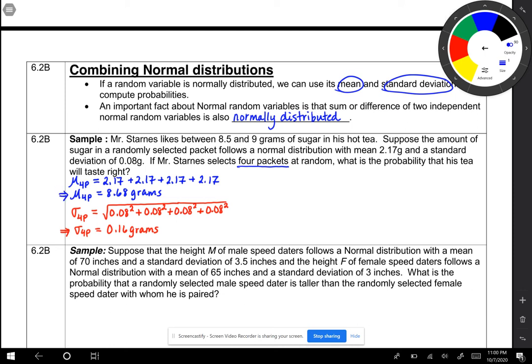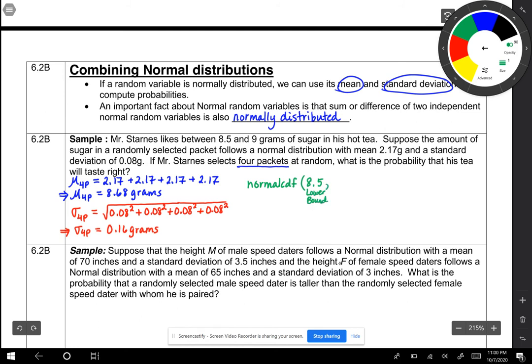So now we can use our normal CDF, and our lower bound is because he likes between 8.5 and 9 grams of sugar. So there's our little interval. So our lower bound is our left bound, 8.5 grams.